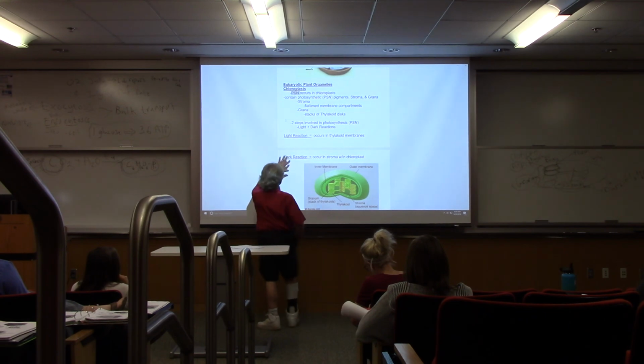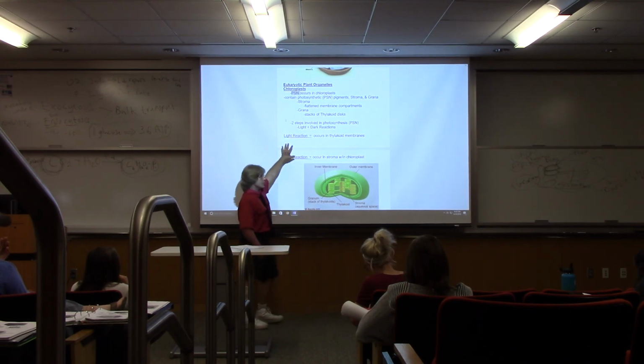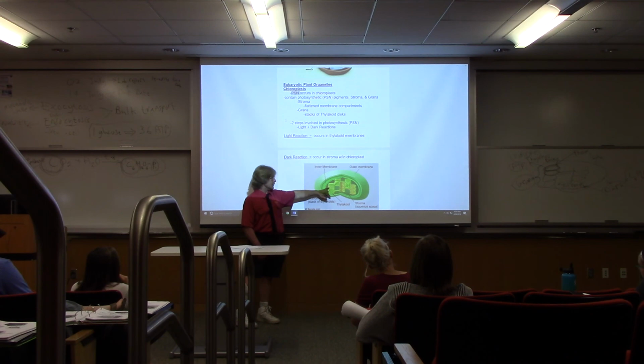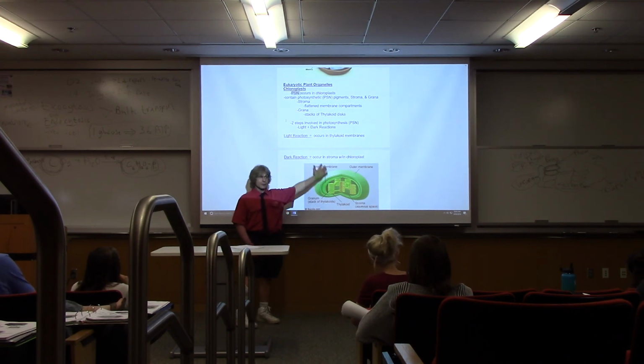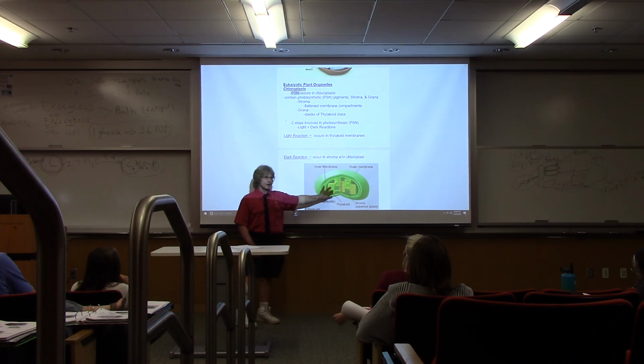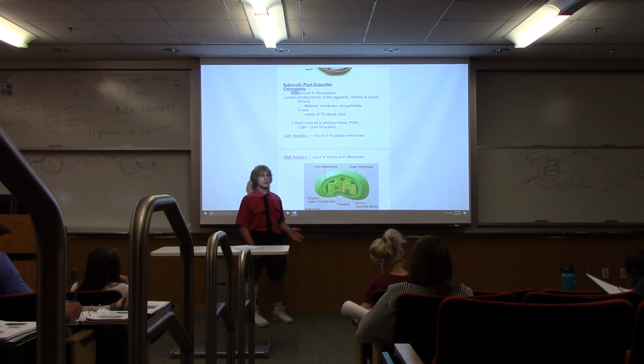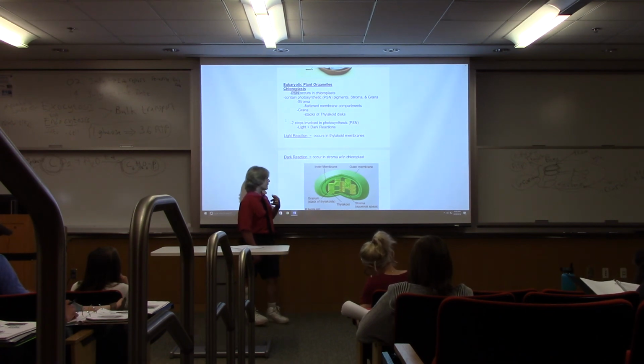For now, this will be all you're responsible for. The light reaction occurs in the thylakoid membranes, or in these grana. The dark reaction occurs within the stroma. The stroma is everything else within that chloroplast.